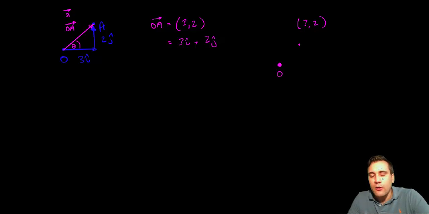In reference to that origin, you've got a point, and it is 3 in the i direction, 2 in the j direction, and this is the vector that is defined. So if we called that vector B, this would be vector B, and usually this point is assigned a letter like point B.